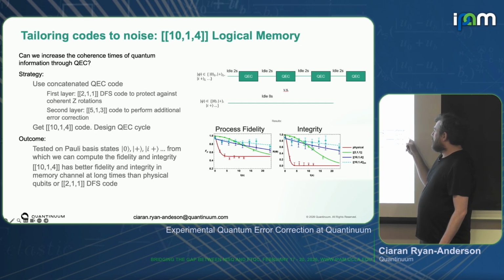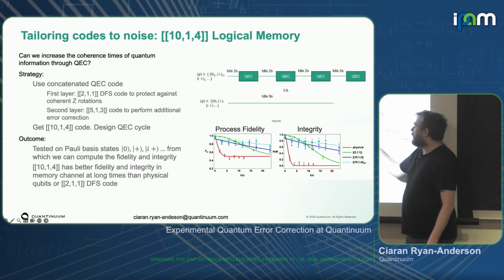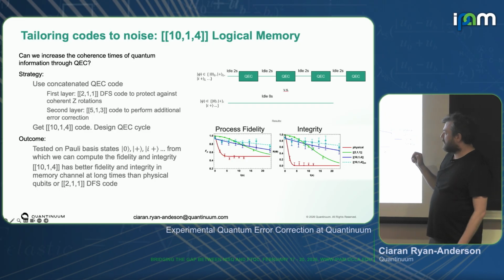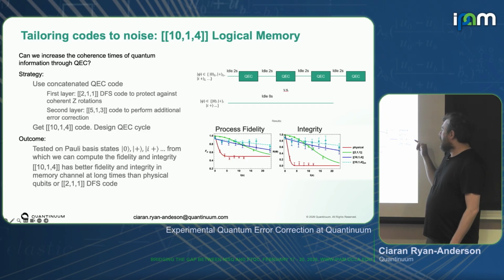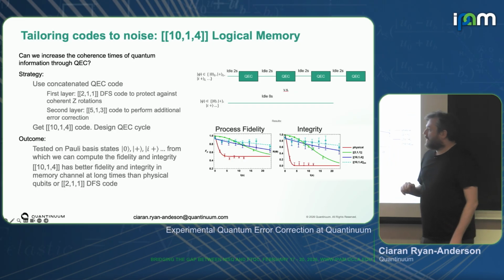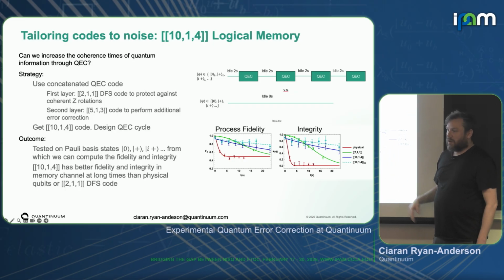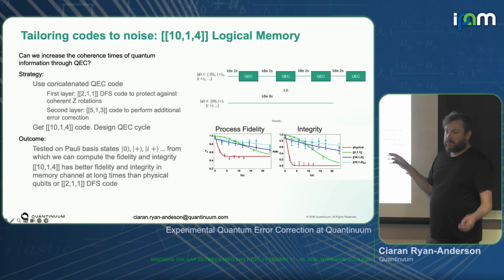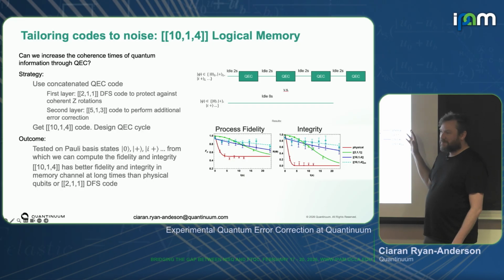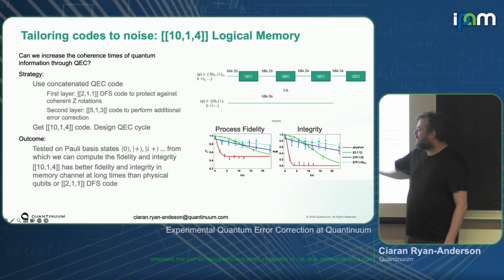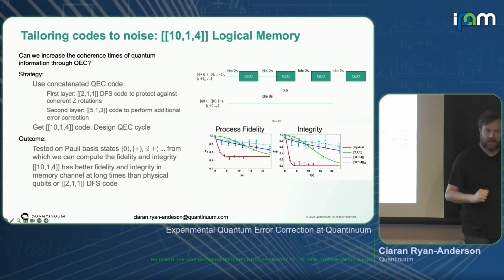Just the decoherence-free subspace code is this green line, so it's able to preserve fidelity a lot more. And then this concatenated code is the blue line, and so concatenating a normal QEC code with this decoherence-free subspace code, which is a [[2,1,1]] code, so it's not a proper QEC code, we can see that we're able to protect the fidelity a lot more.